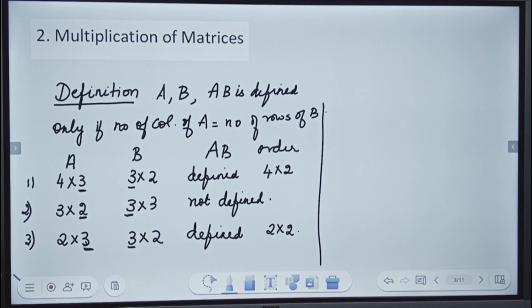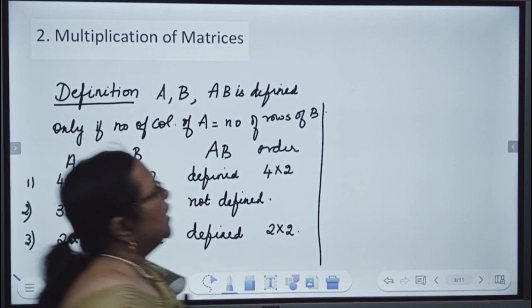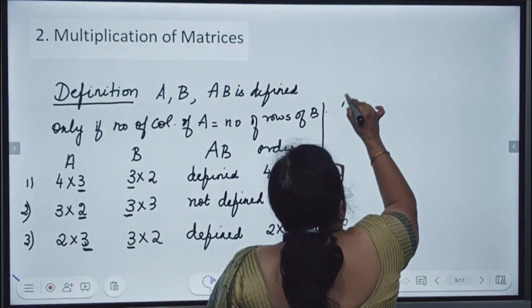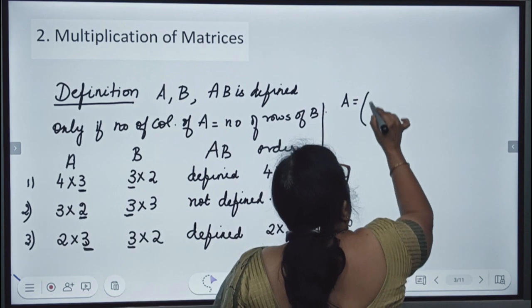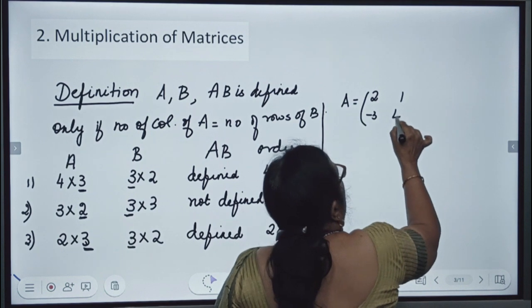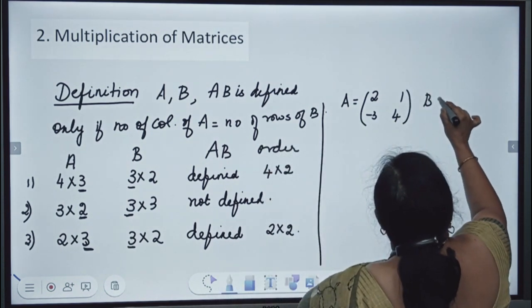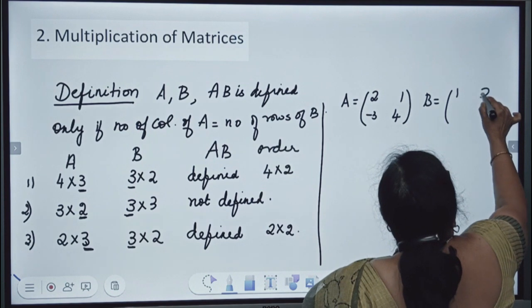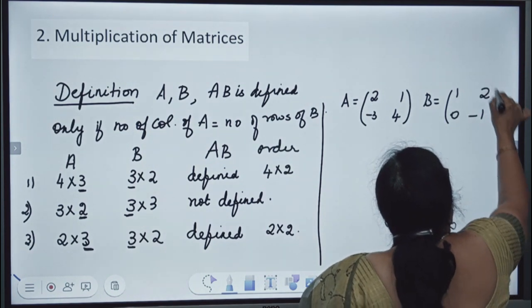Okay. So, now I will also teach you how to actually multiply matrices. Let us first take A equal to 2, 1, minus 3, 4 and B equal to 1, 2, 0, minus 1.